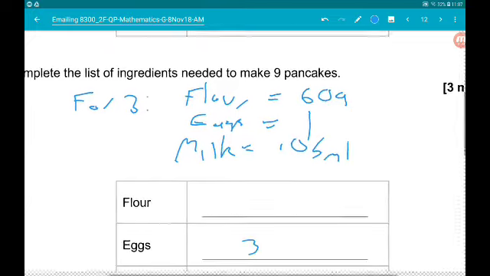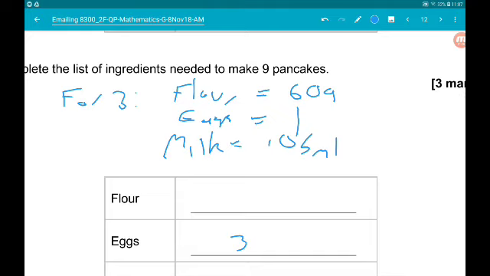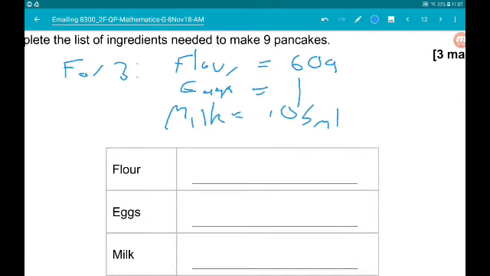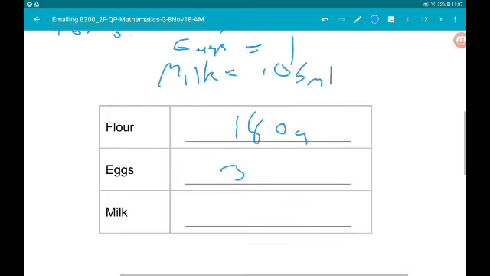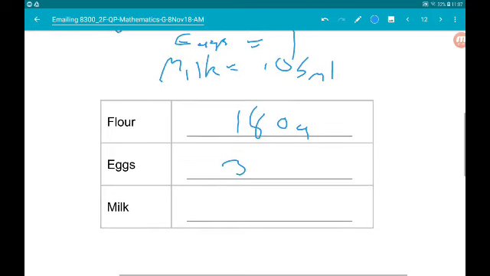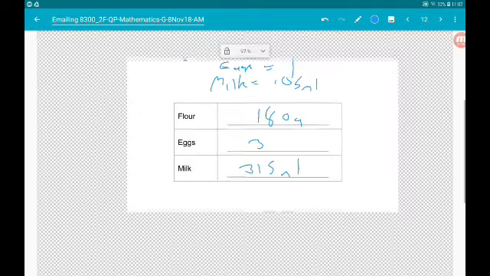So then for 9 pancakes, we need to multiply these amounts by 3. So, 3 times 60 grams is 180 grams flour, 3 times 1 egg on a good day is 3 eggs, and 3 times 105 is 315 ml of milk. Cool.